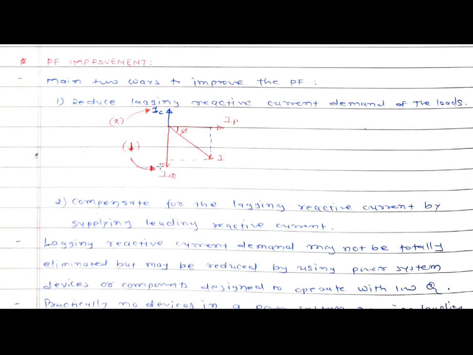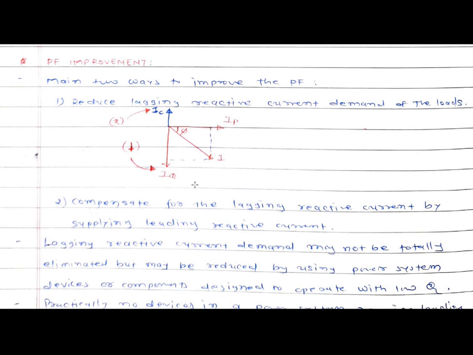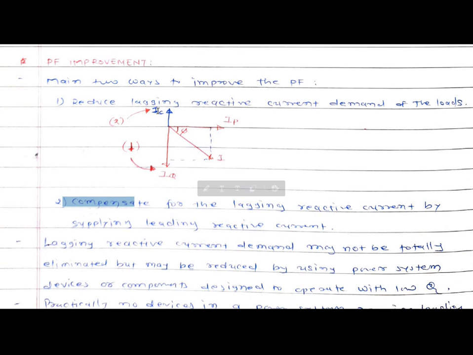IQ is the total lagging reactive demand of the load. By adding capacitive current in opposition to IQ, we will decrease the value of the lagging reactive current. So the first method is applying leading capacitive current.